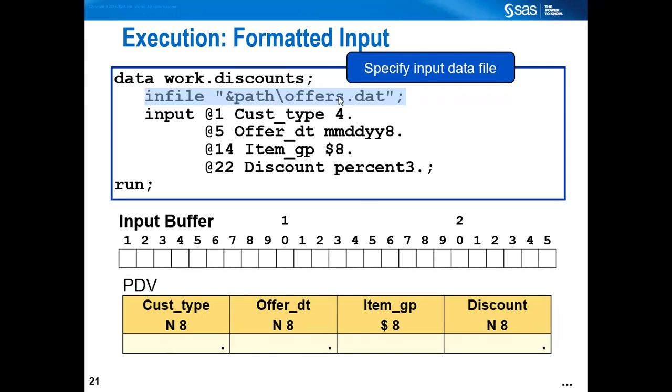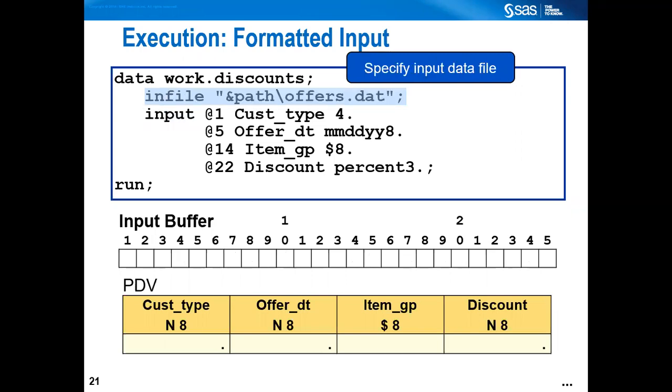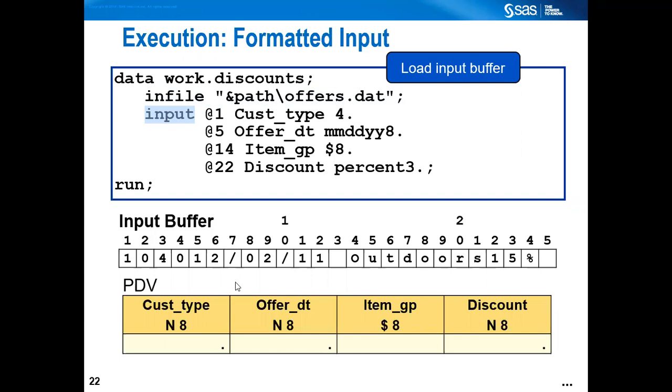Now when it hits input, look at the slide carefully: at that time only, your raw data record is loaded into the input buffer. Understand carefully. With infile, it just locates the path where the raw file is located. When it hits input, that time the first record is loaded from your raw file into the input buffer.